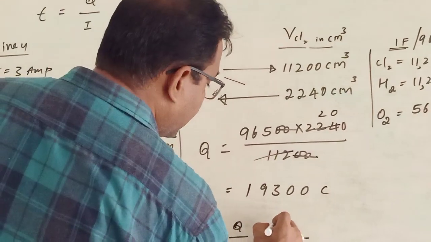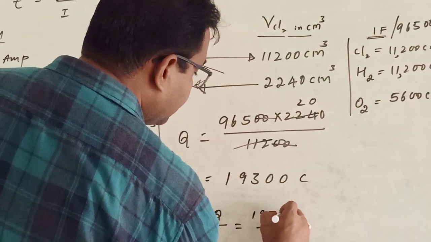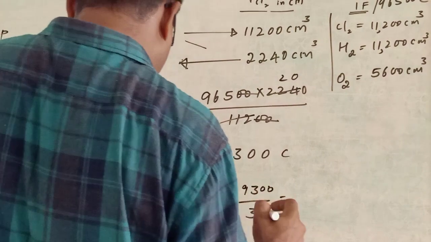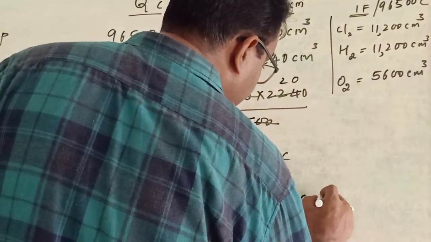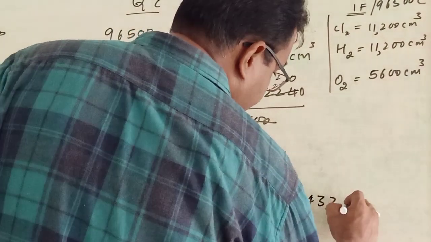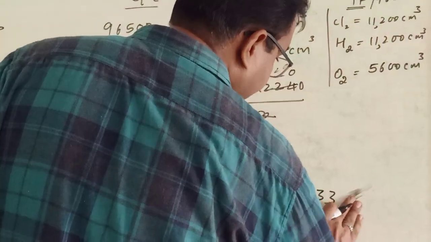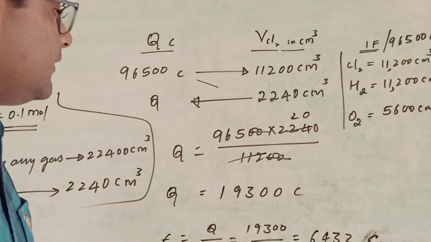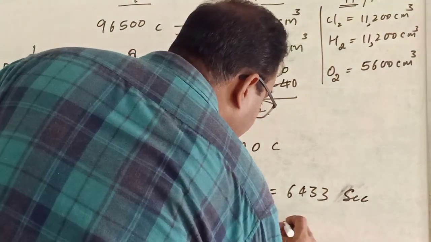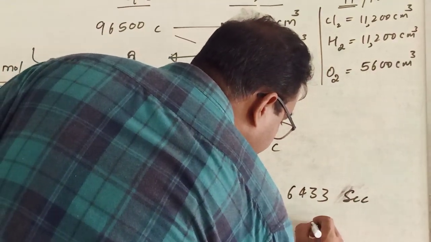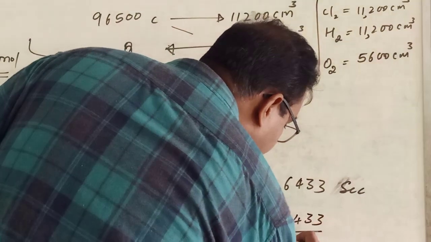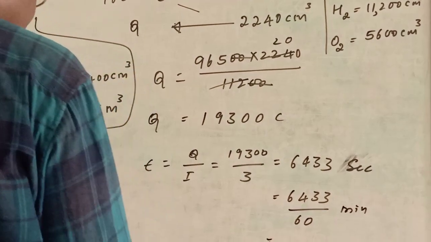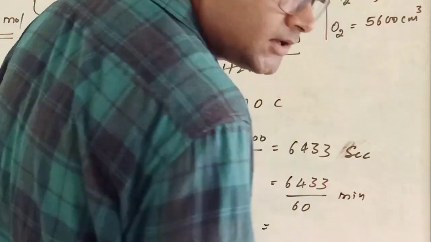Then 19,300 divided by 3, the obtained value will be somewhere around 6433 seconds. We need to convert it into minutes. That is again 6433 by 60 minutes, and the final value obtained is nearly 108.